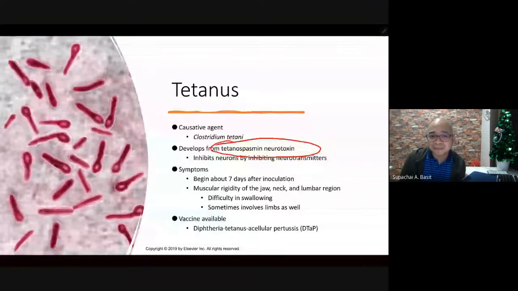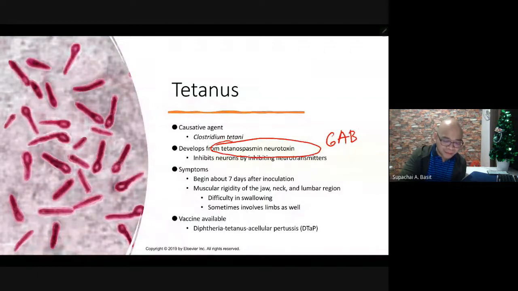It will inhibit the neuron by inhibiting a neurotransmitter or neuroinhibitor. It will inhibit the release of GABA, gamma aminobutyric acid. A while ago, the Clostridium botulinum toxin inhibits acetylcholine. This time, the tetanus toxin or the tetanus plasmin will inhibit GABA.